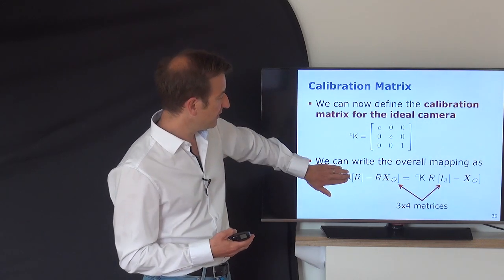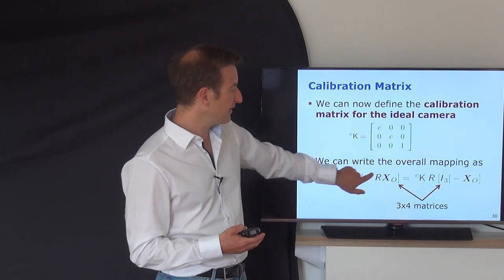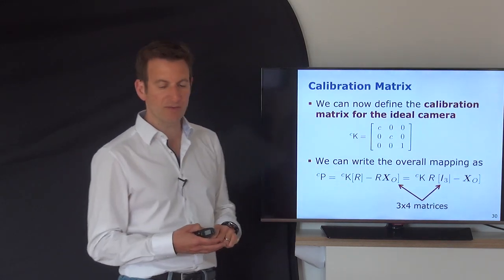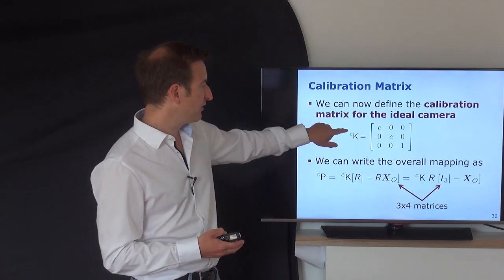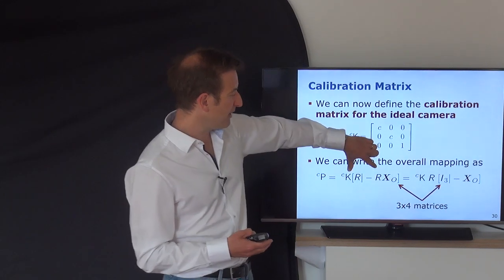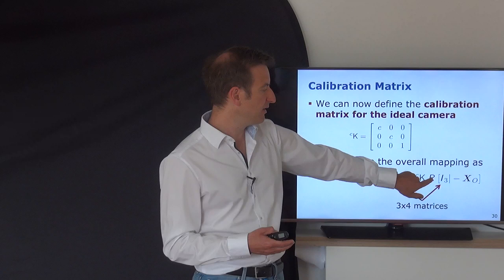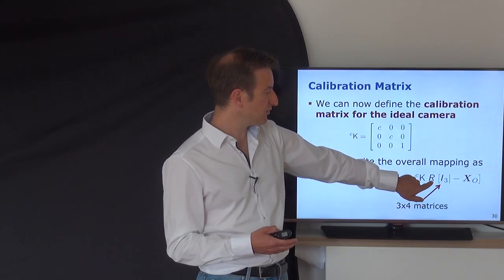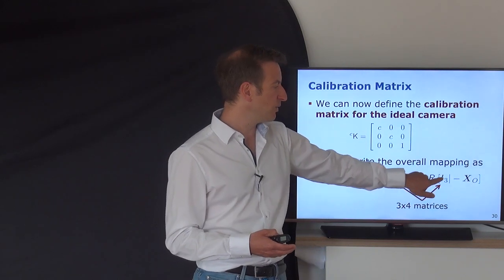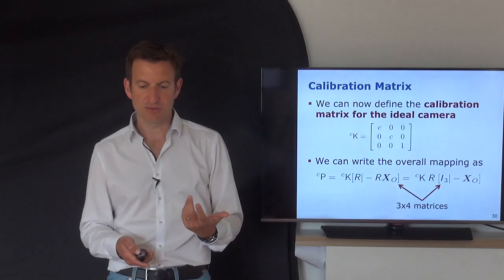So this is a 3×3 matrix and this is a 1×3 vector, and the whole thing here is a 3×4 matrix. And then we can express the overall transformation that we looked into in this form, either writing it like this or writing it like this. So this is the calibration matrix, the rotation matrix of the camera, and this is a 3×4 matrix, which has the 3×3 block here as an identity matrix and the negative shift we have in there.